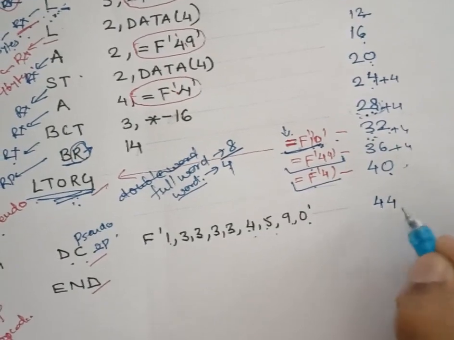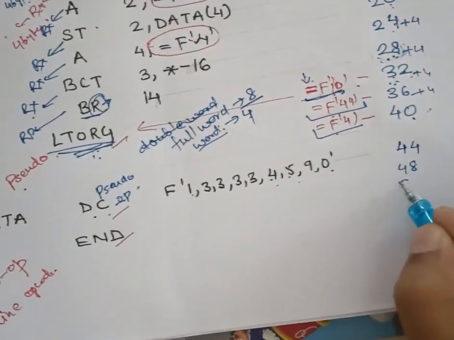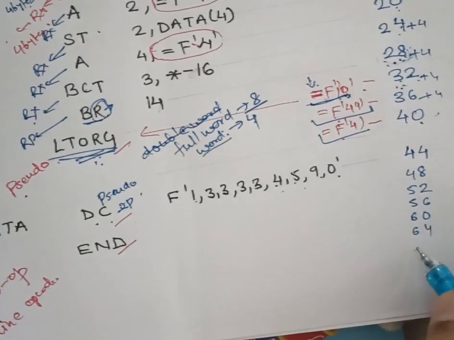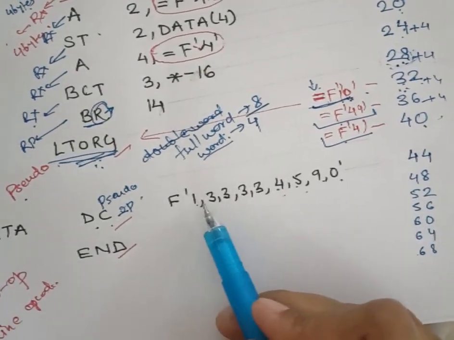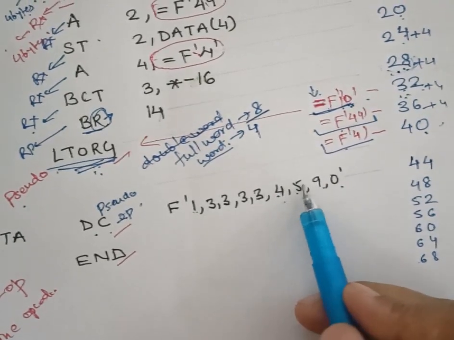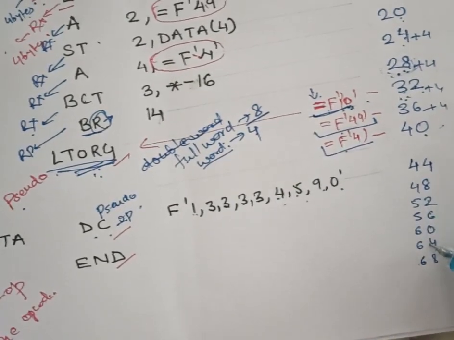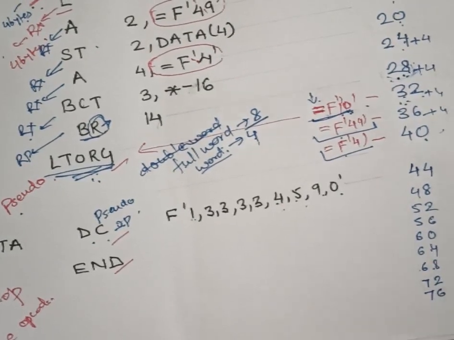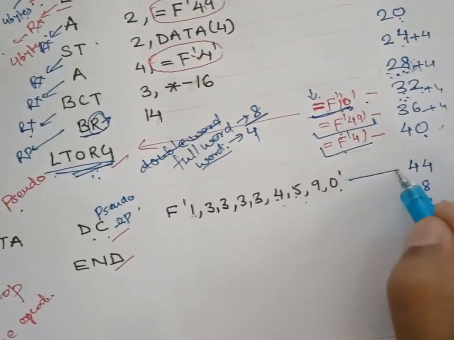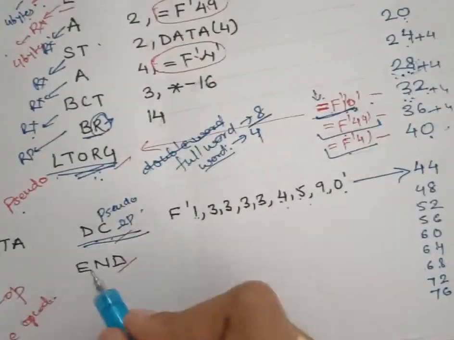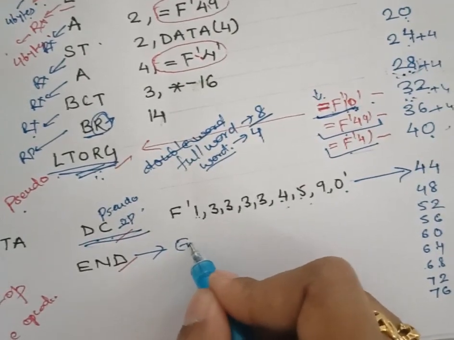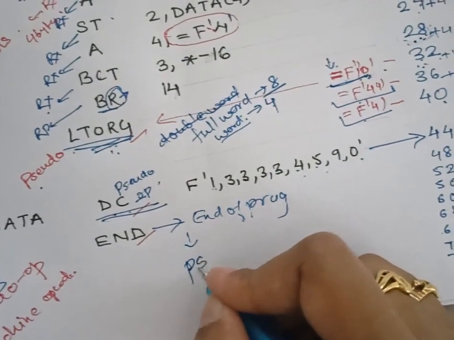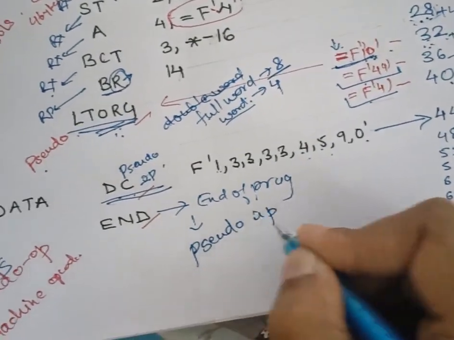So it will become 44, 48, 52, then 56, 60, 64, 68, then we are having the 72, and the last one will be the 76. This many addresses get allocated only for the DC. Then at last we are having the END, that is the end of the program, and it is a pseudo-op, so we are not going to provide an address to the END.